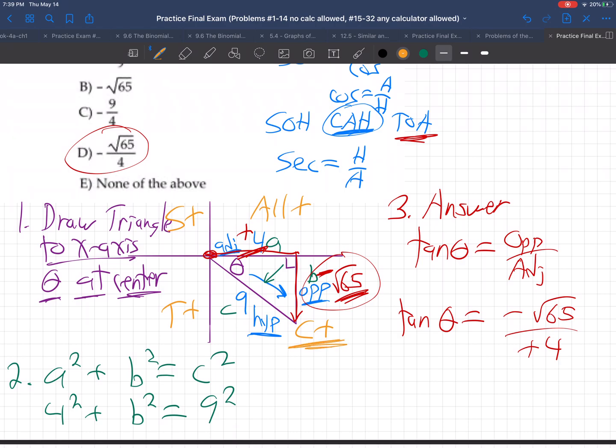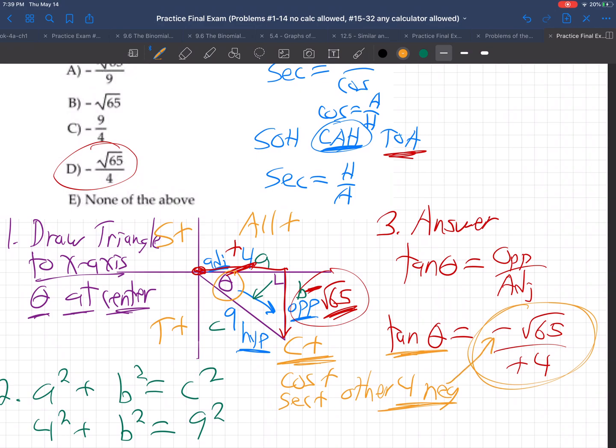So we're in the 4th quadrant, which means cosine is positive and its reciprocal secant. The other 4 trig functions must be negative in that quadrant. Tangent was one of the other 4. It's got to be negative in the end. So that's right. We could get it right in the end even if we forgot about our negative sign there. So there we go.